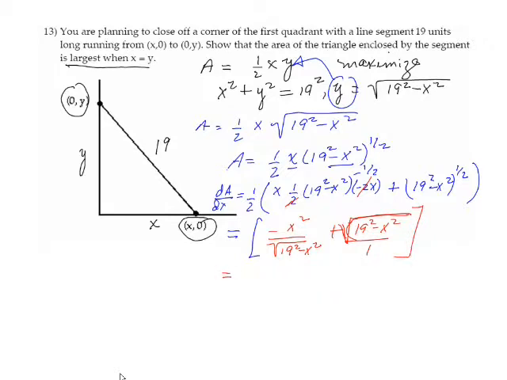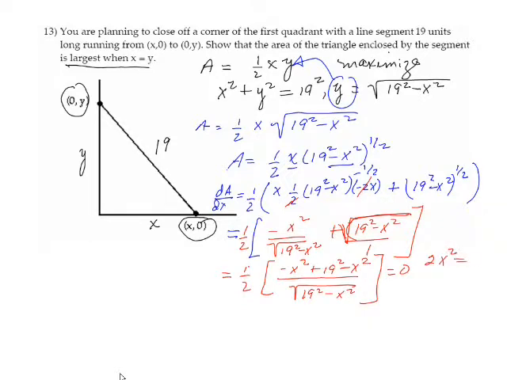Combining these terms, and we have 1/2 out here as a factor, 1/2 times minus x squared plus 19 squared minus another x squared all over the square root of 19 squared minus x squared. And this equals 0. And we immediately see that we get 2x squared is equal to 19 squared. So x is equal to 19 over the square root of 2. So that's the optimal value of x.